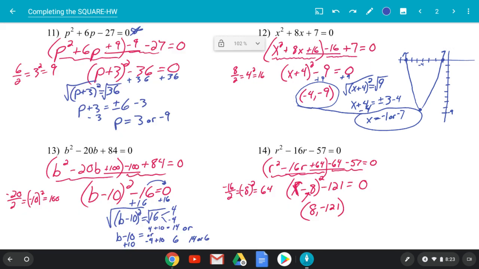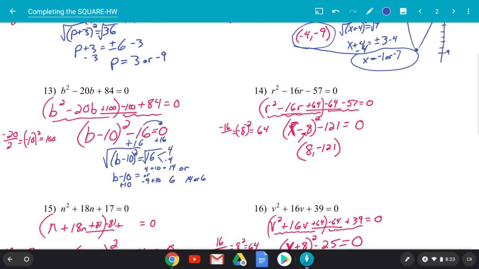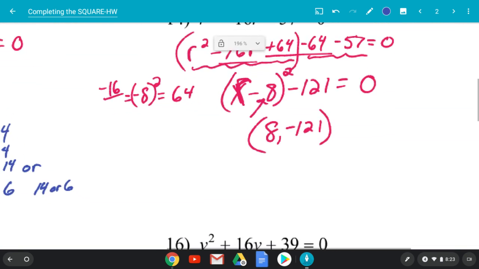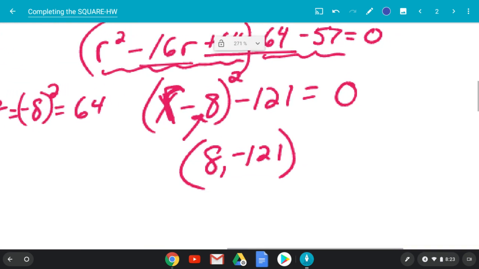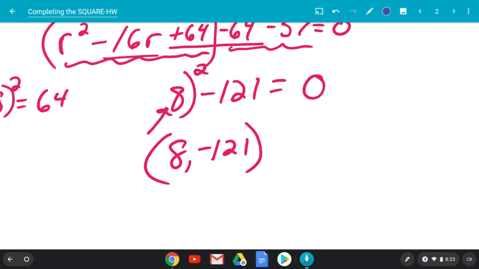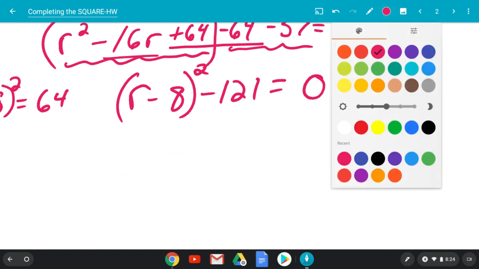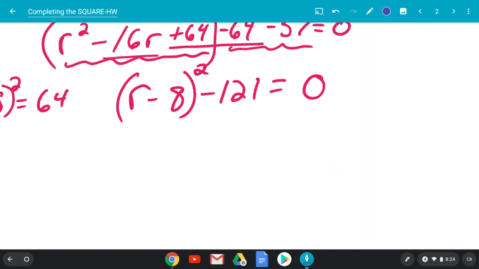Exciting stuff. Let's look at number 14. All right, let's start by solving it. What's the first thing I'm going to do? Add 121 to both sides.